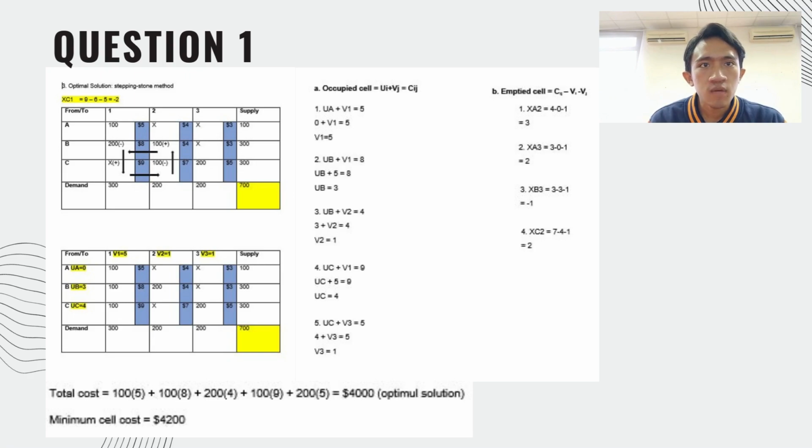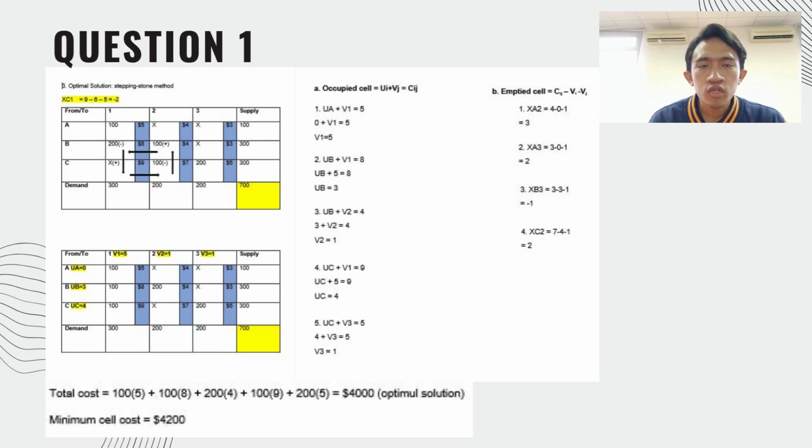The first table shows how the stepping stone works, and the second table is the result after using the stepping stone method. The total cost after the stepping stone method is $4,000, which is the optimal solution because the value is lower than the minimum cell cost, which is $4,200.